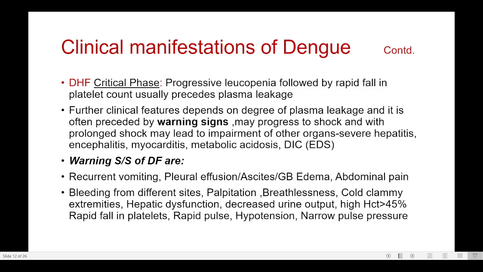There is also hepatic dysfunction. During this phase, urine output decreases and hematocrit may rise, usually greater than 45%. And there is also a rapid fall in platelets.